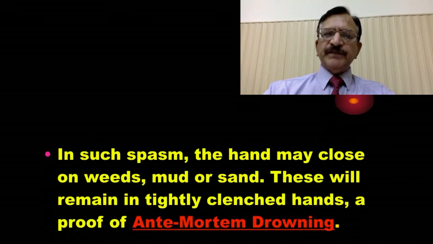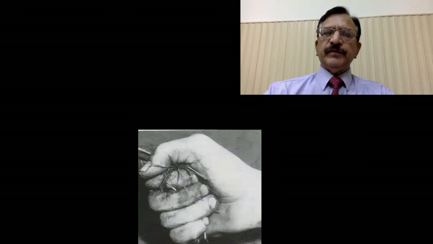In such spasm, the hand may close on weeds, mud, or sand, and these will remain in the tightly clenched hands, which is a proof of antemortem drowning. This is a picture of the tightly clenched hand holding the weeds.